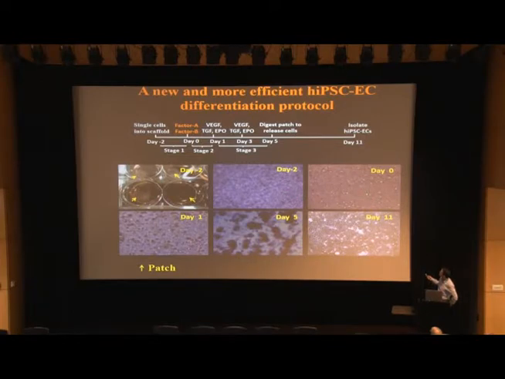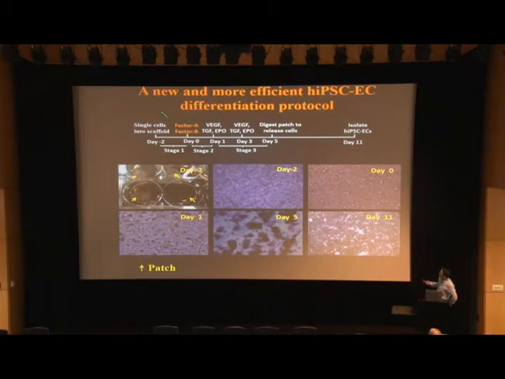Then after 24 hours of differentiating with Activin A, they grow from small clusters into larger clusters. Then after 4 days of culture with VEGF, TGF, and EPO, they grow into big clusters. Then on day 11, after release, they form a monolayer.